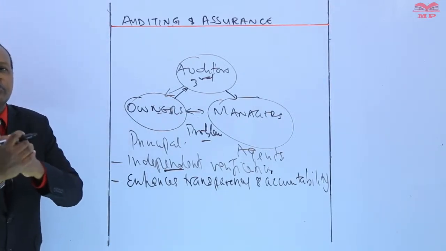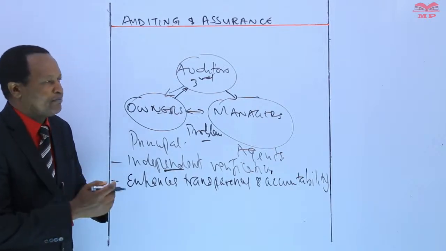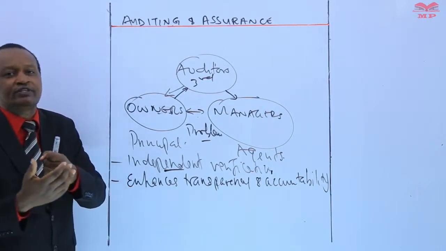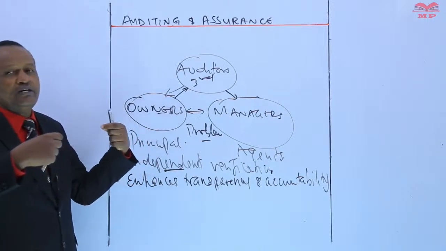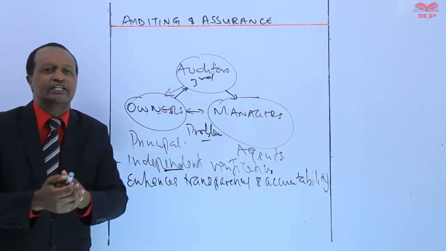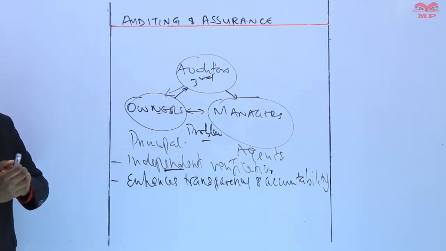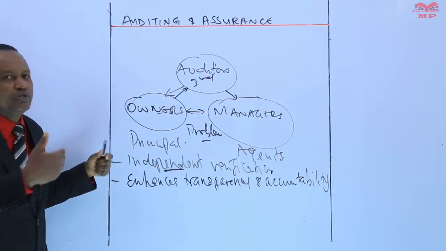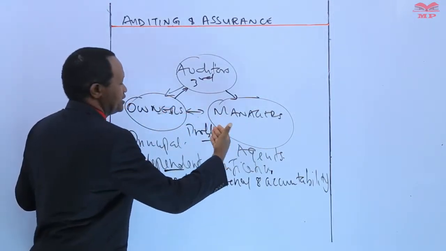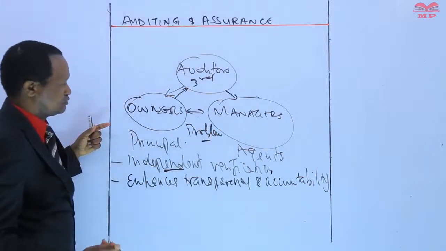Audits promote transparency by providing a comprehensive and unbiased view of the company's financial performance and position. And that enables the shareholders to make informed decisions and hold the management accountable.